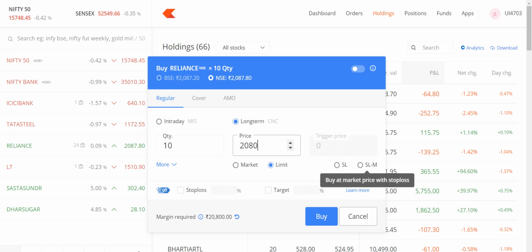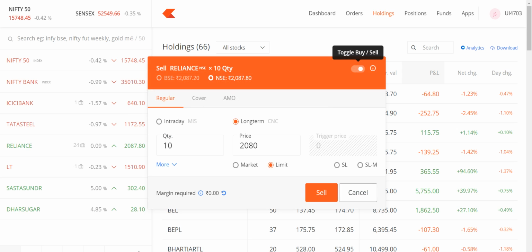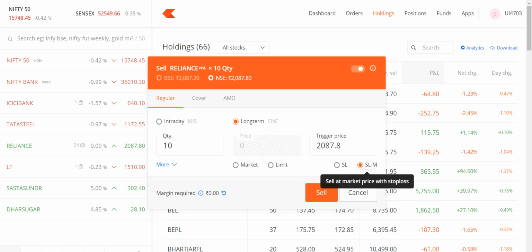And if you have already bought this particular share and it is in your holding and you want to sell, here you can toggle it, buy or sell. Okay, the red one is sell. Here you can place the stop loss at that particular price.